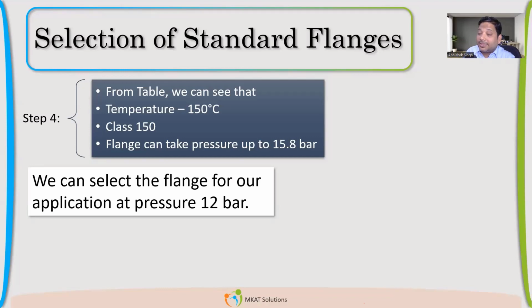So we can select the flange for our application depending upon the pressure by using this B16.5 and 16.47 also. Both will look very similar, and that is the reason we have not projected 16.47. You can use that also in the same manner.